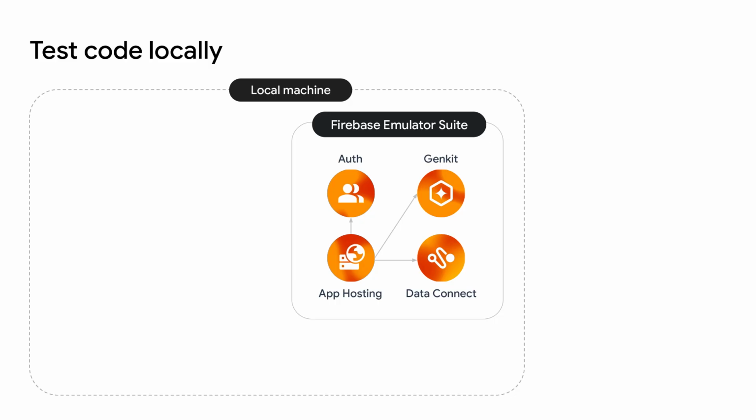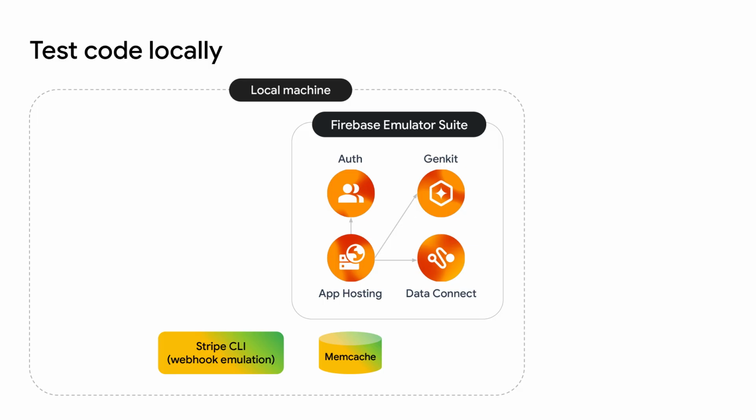Let's walk through our architecture for local development. Firebase App Hosting, Data Connect, and Authentication are run through the Firebase Emulator suite. GenKit is simply an SDK, so it can obviously run anywhere your code runs. Since our customer is using the Memcache API for Cloud Memory Store in production, they can install Memcache on their local machine.